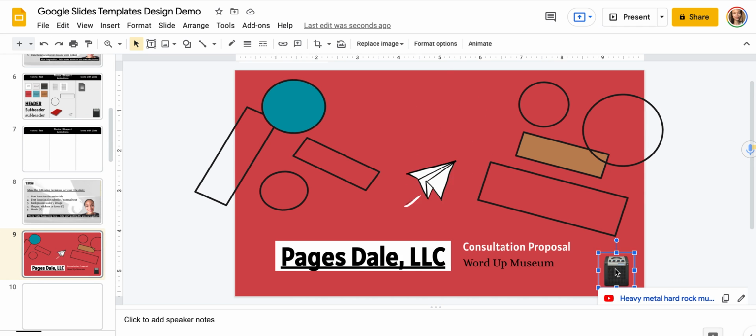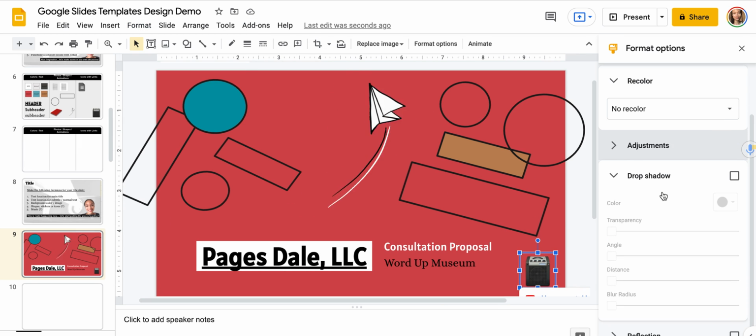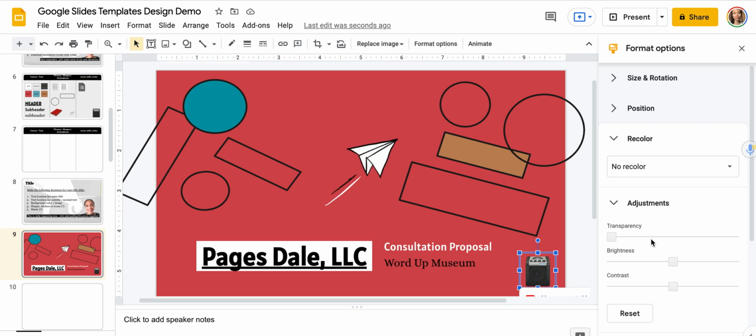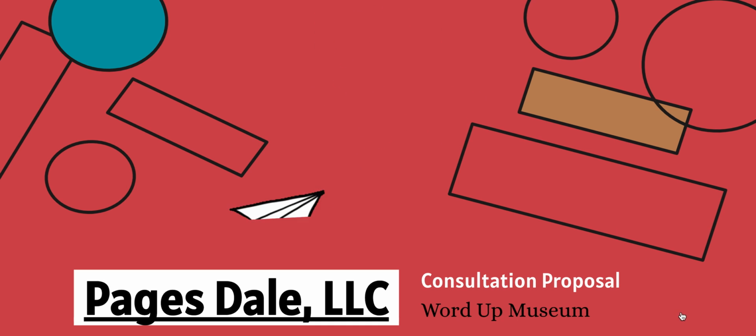But if you know where it is and you know where to click, you can go to Format Options and take away the transparency so you can't see it. And so now it's there.